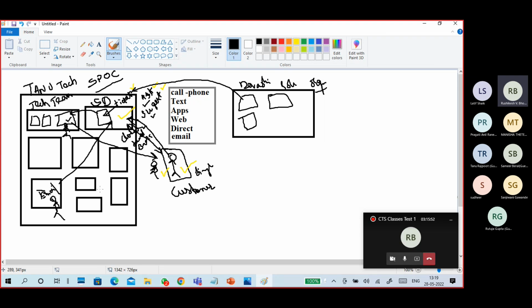I said, these are the problems, I am unable to access my emails. Then the service desk will ask some questions and forward this event to the technical team. The technical team either solves it from their place or they will approach us and solve it at our place. Okay.